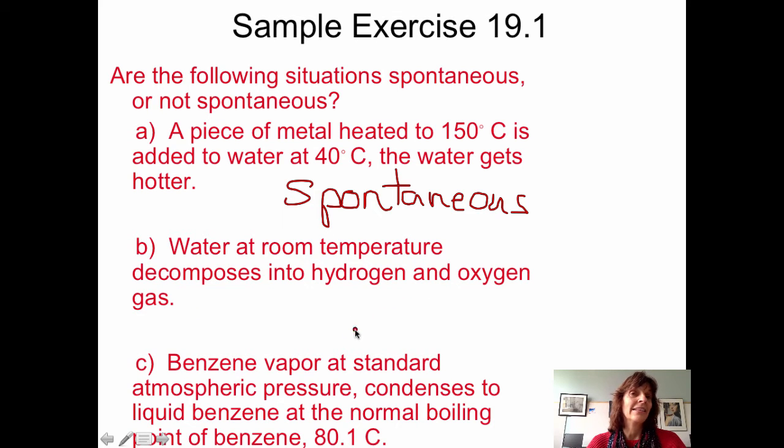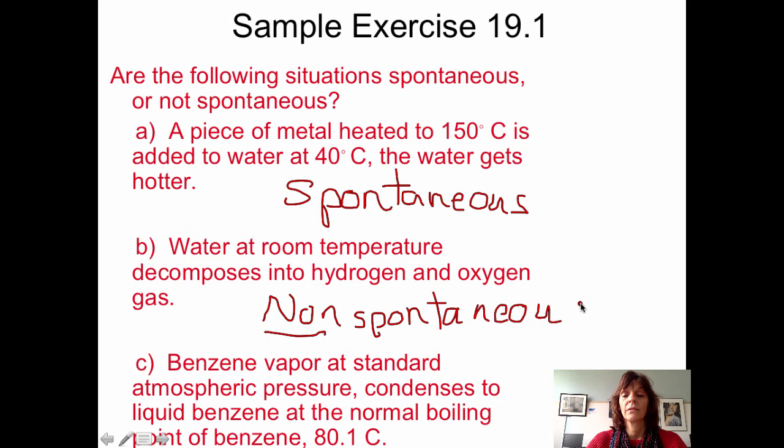Now you may have seen this happen in lab last year where you take electricity and you can break water into its components, but you will never see water do that on its own. And so therefore it is non-spontaneous. You have to put energy in to make that happen, and it will never, ever happen on its own.